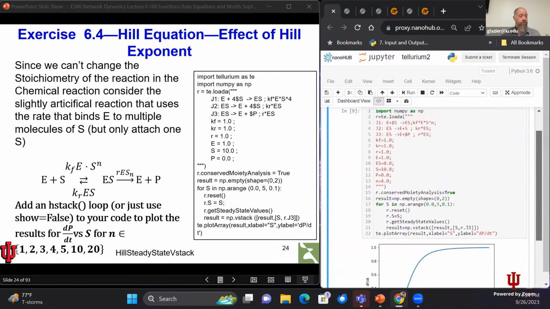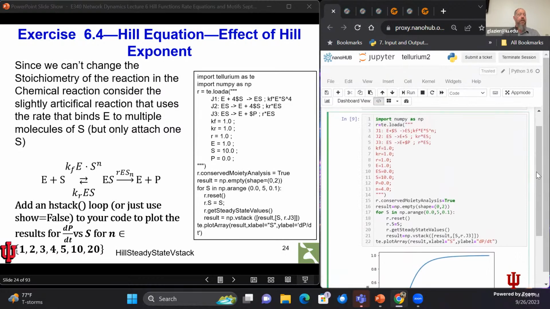Didn't change anything. And now what I'd like you to do is write a loop where you're going to scan the value of n and plot them on top of each other.